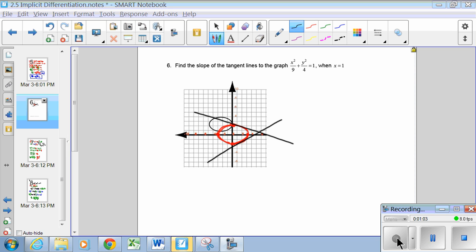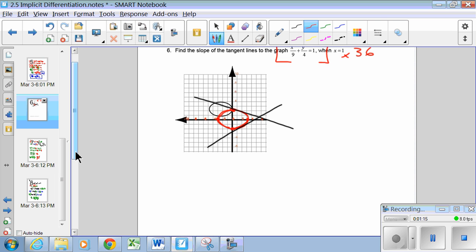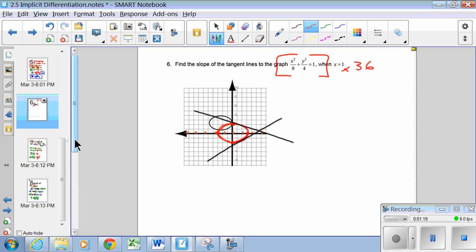Most of us don't like fractions, so right from the get-go, let's multiply the whole thing by 36. And again, we're multiplying both sides of the equation by 36, so we aren't really changing the equation, we're just changing how it looks.